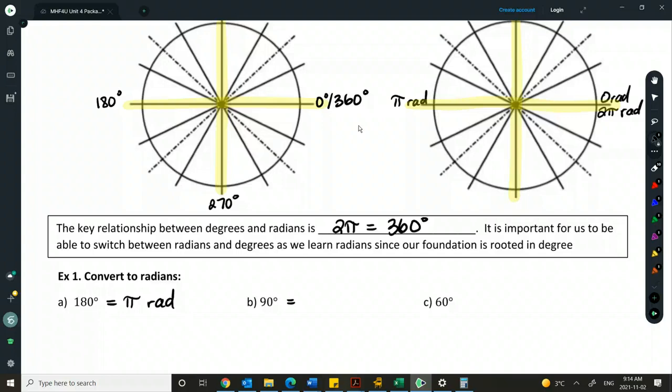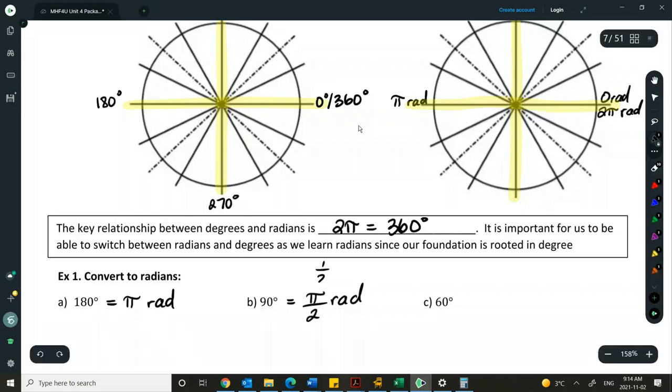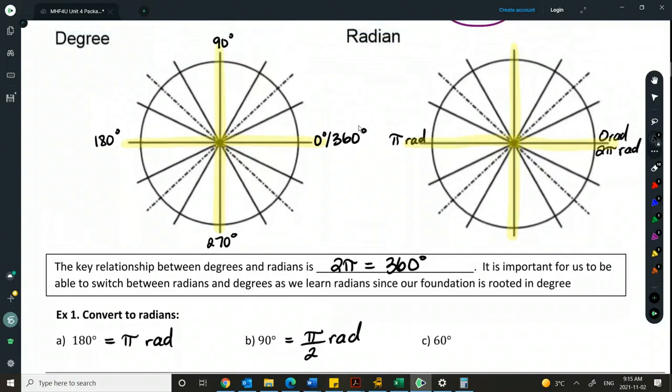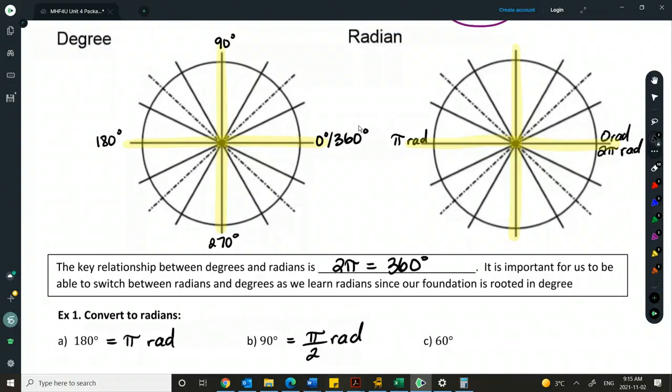So, Lucas, this should be? Right, or in other words, we just say pi over 2. Half of pi. We usually wouldn't write a half, because if I write a half, then I would just multiply the pi up on top anyway. So we'll just say pi over 2. That's just to indicate that that unit of measurement is radians and not degrees anymore. Okay, so 90 is pi over 2. 90 is half of 180, so that makes sense, right?